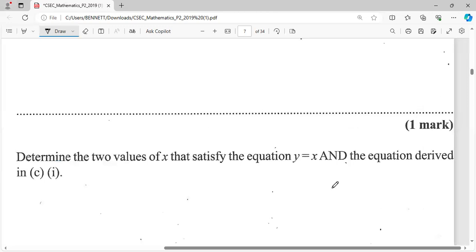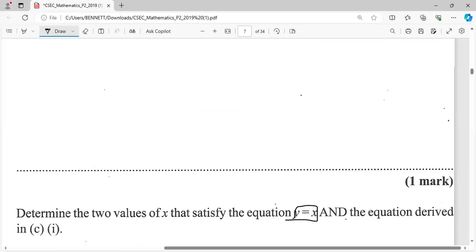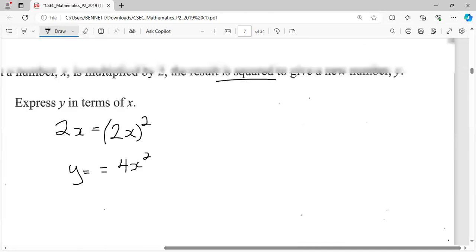Alright, now they say determine the two values of x that satisfy the equation y equal x and the equation derived in C1. Alright, so we have to go back up to determine two values that x equal y. So if we're going to solve for x now, x is also equal to this.